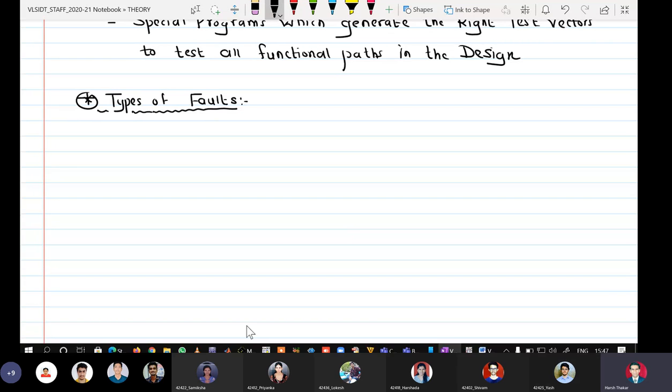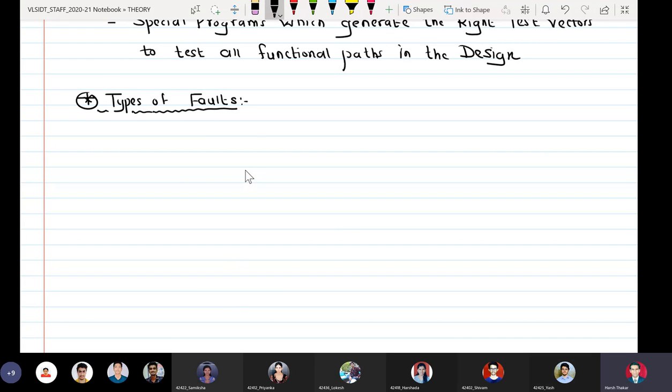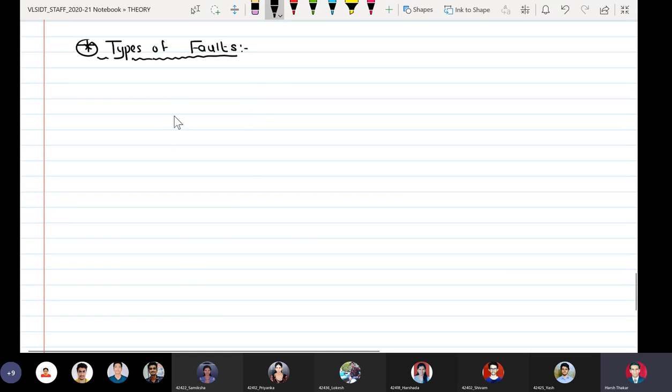So now we come to the most important topic called types of faults, which is also exclusively asked in the exam many times. Faults are classified in many types.